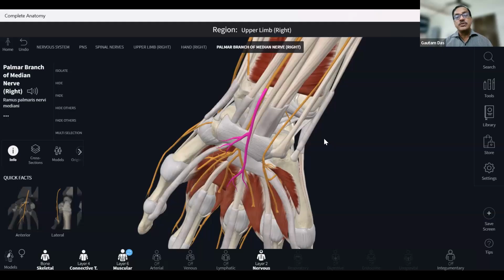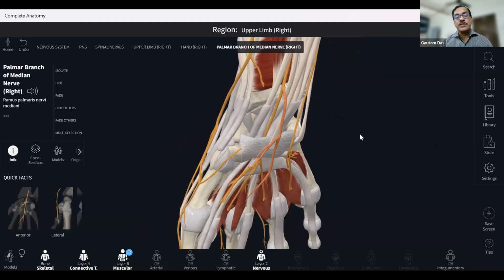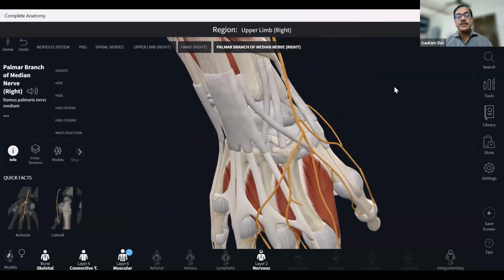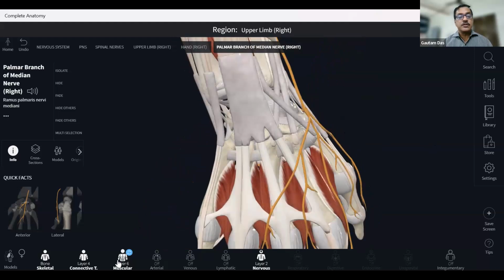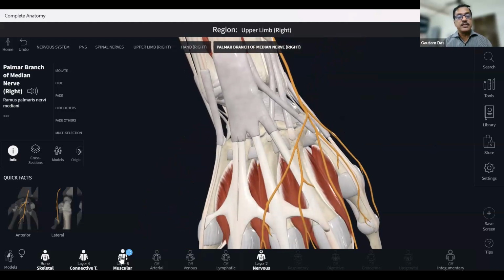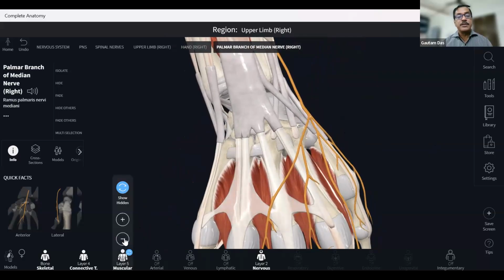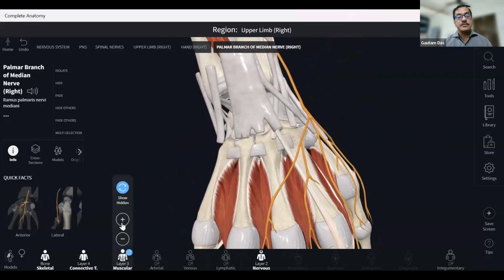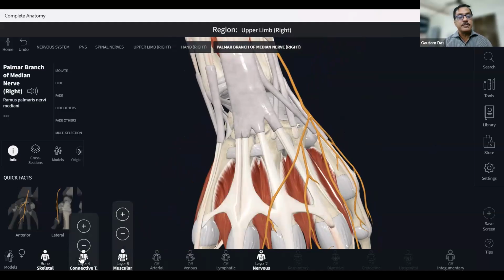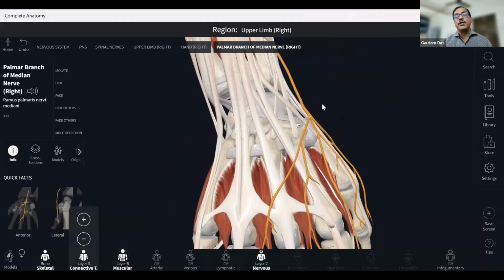So this is the proximal side, the palmar side, and this was the dorsal side. Let me remove some of the layers. Let me remove the connective tissue layers. Okay.